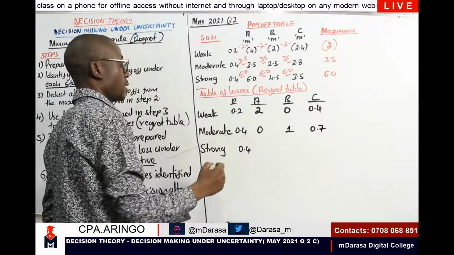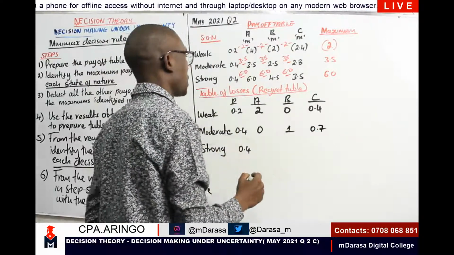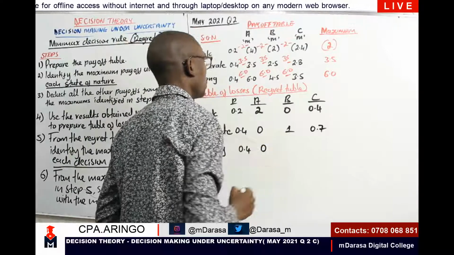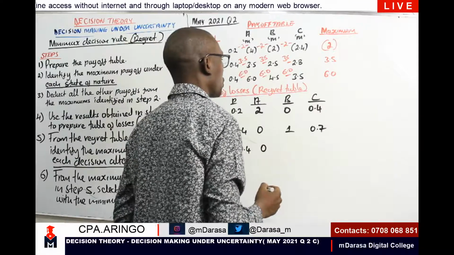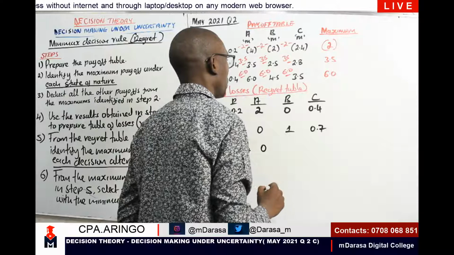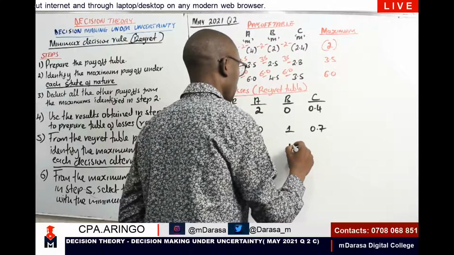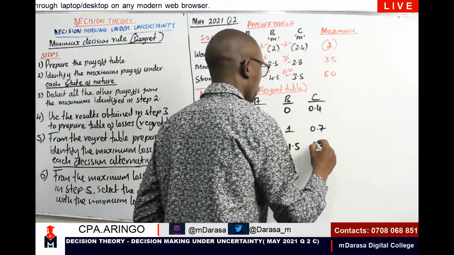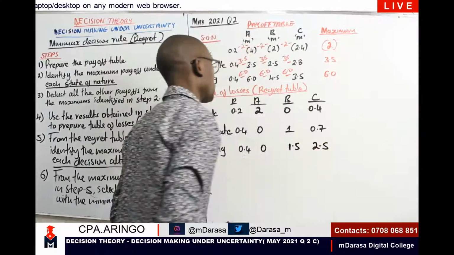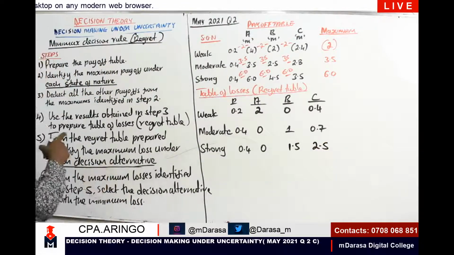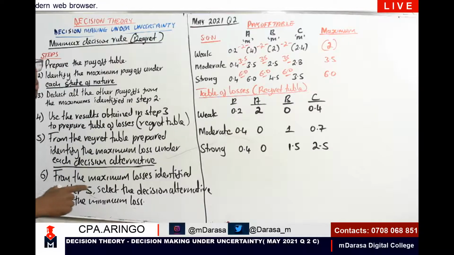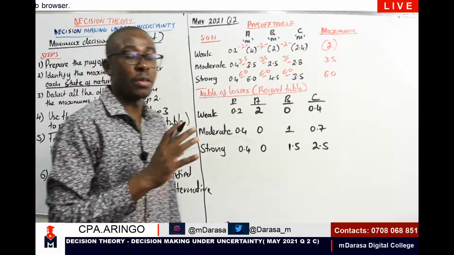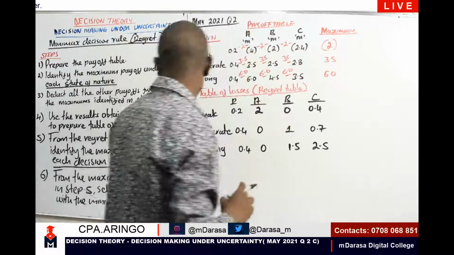Consider the next, strong. 6 minus 6 should give us, of course, 0. 6 minus 4.5 should give us 1.5. And 6 minus 3.5 should give us 2.5. So we've prepared our table of losses, or regret table, believing that we are all on the same page.